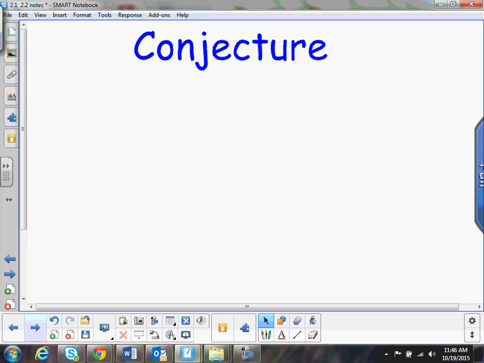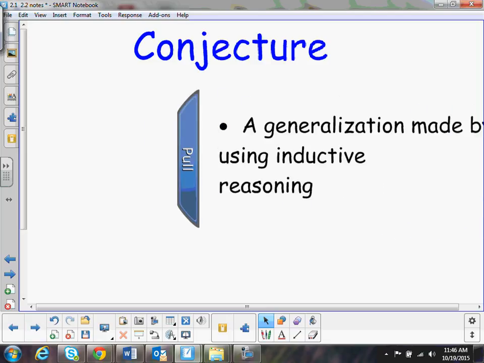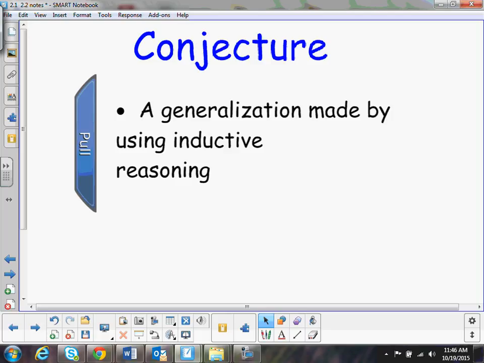So when you use inductive reasoning, you come up with that generalization. It's just called a conjecture. So you'll hear me say come up with a conjecture. All it is, is that generalization. Conjectures are also known as theorems. Technically, like the Pythagorean theorem, all these geometers way back in ancient times came up with that conjecture.